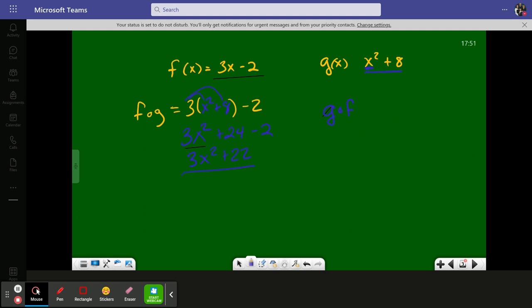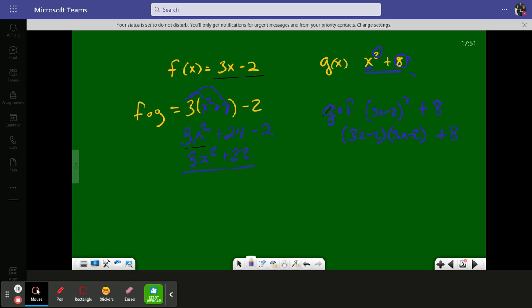So what do I have to do to 3x minus 2? Square it, and then add 8, right? So I'm going to have 3x minus 2 squared plus 8. 3x minus 2 times 3x minus 2. Can you guys see that blue okay? Mm-hmm. And then the plus 8.